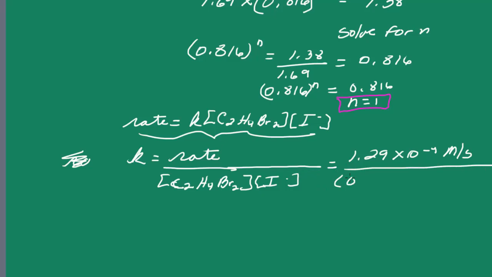And we have 0.254 molar of the 1,1-dibromoethane. And again, the exponents are just equal to 1, so if they weren't, if I had the second power, I'd have to include that in this. And this is 0.204 molar. And I get an answer of 2.5 times 10 to the negative 3 per molar per second.